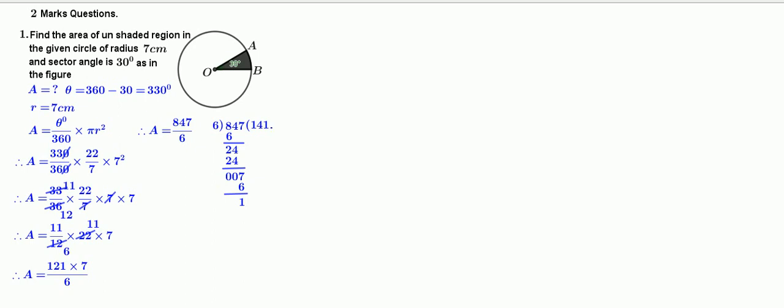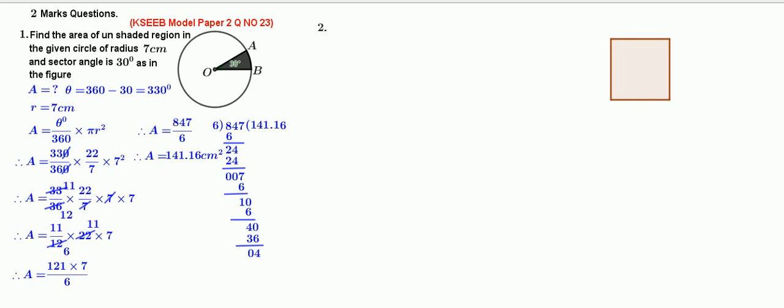Take 0 by putting decimal point. So 6 ones are 6. Remainder is 4. Again take 0. 6 6s are 36. Remainder is 4. Therefore required area A equals 141.16 centimeter square. Problem 2.